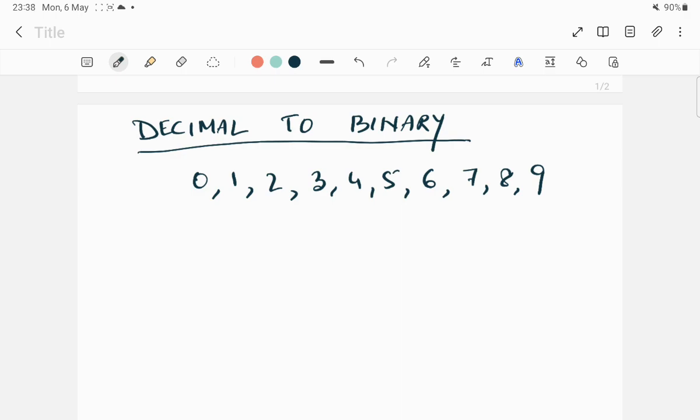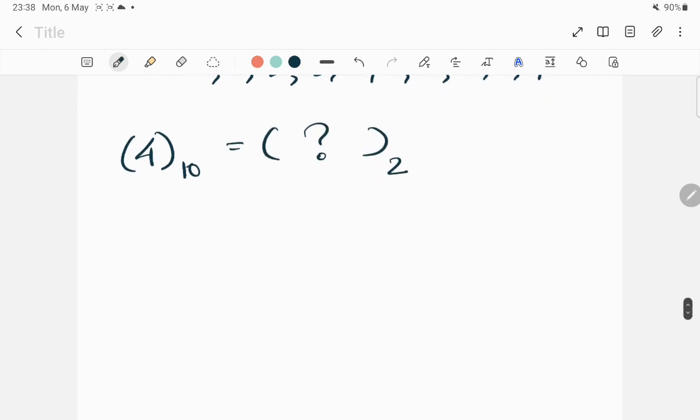It can be a single digit, double digit, or triple digit, anything. So let us start with a single digit decimal number, say 4. We need to convert it into binary. This is our task.